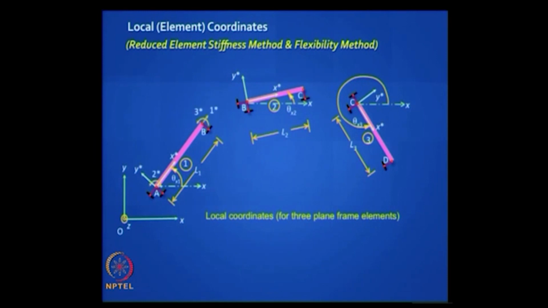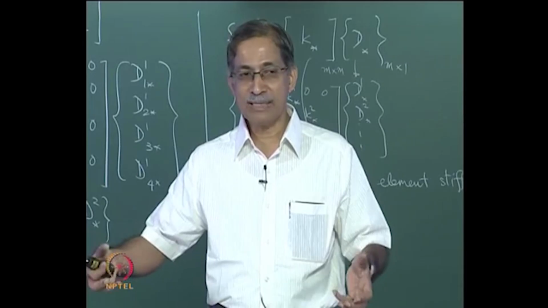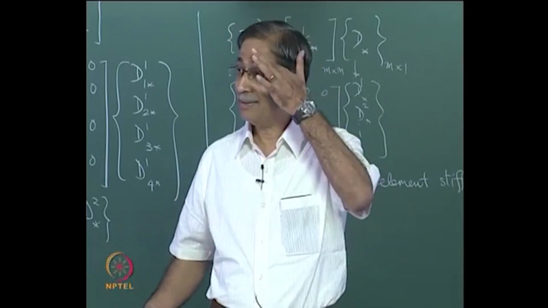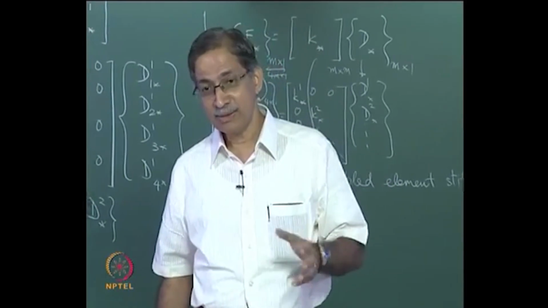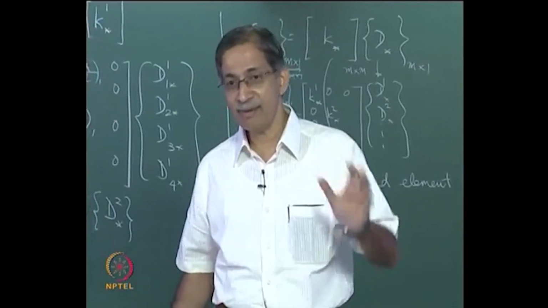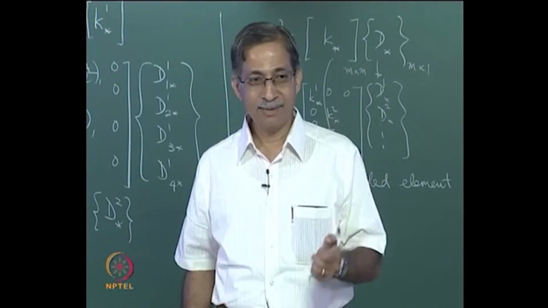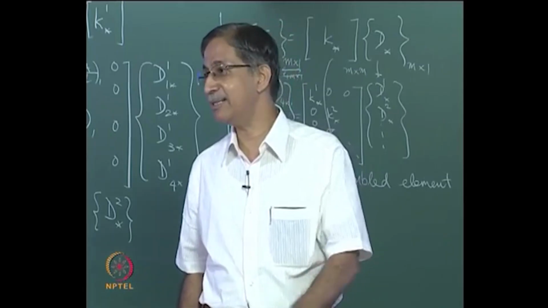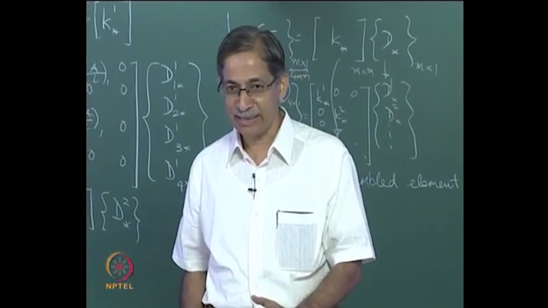So that is my 1. Then I have 2 rotations. So 1 star, 2 star, 3 star. Much better than 1 star, 2 star, 3 star, 4 star, 5 star, 6 star, right? This is the reduction, it is a reduced element stiffness matrix we are dealing with. Is it clear? Would you like to do this or the other one?